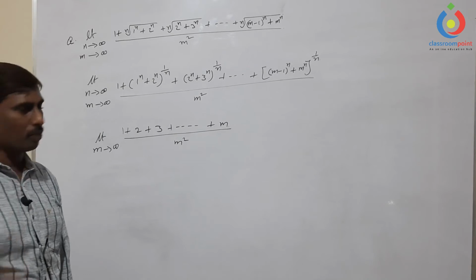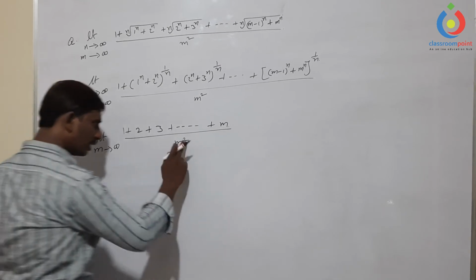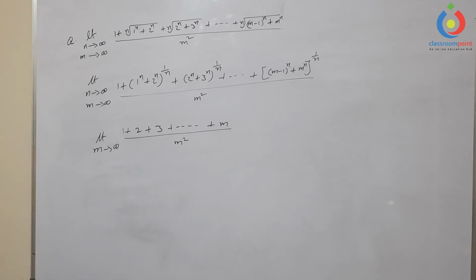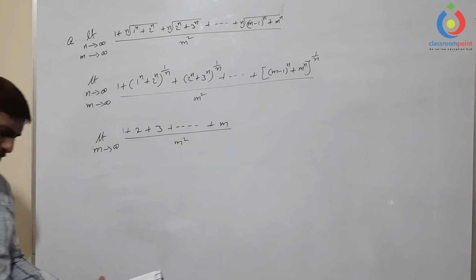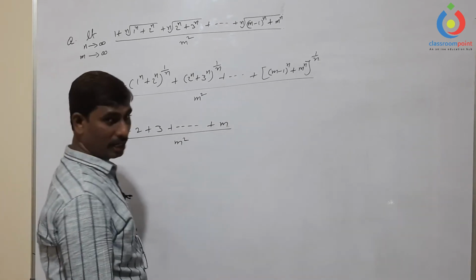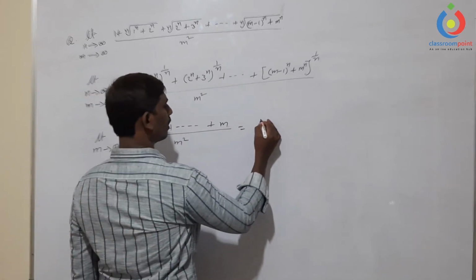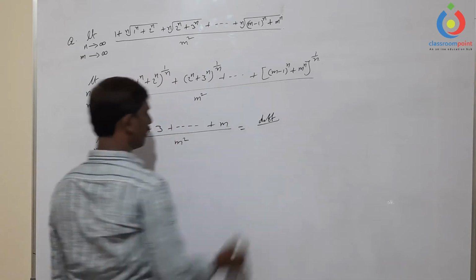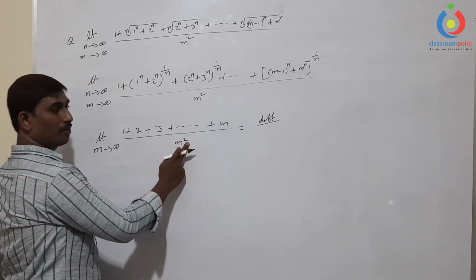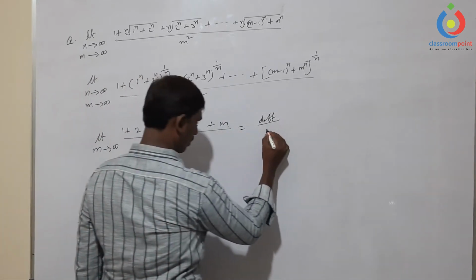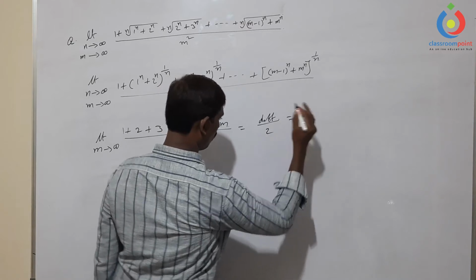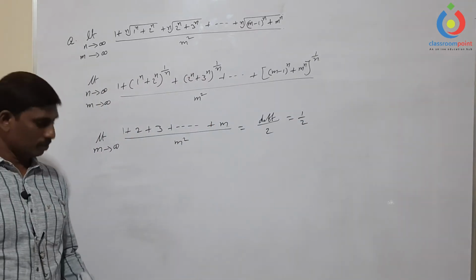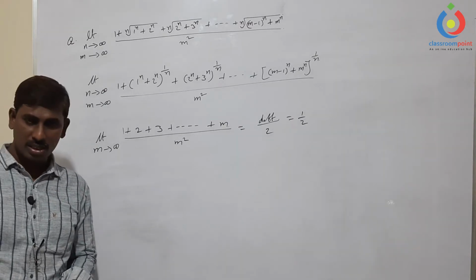I already gave one trick: if the difference of numerator degree and denominator degree is 1, then take 1 by the power of the denominator, 2, which equals 1 by 2 as the answer. This is a very good question. Just check it once. Right.